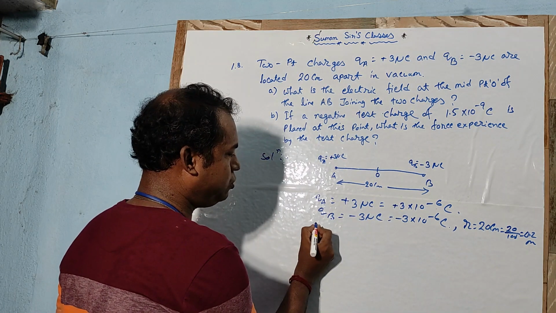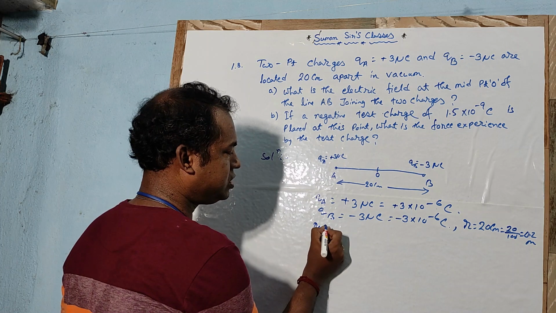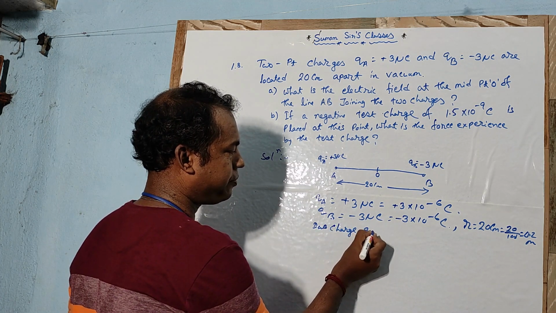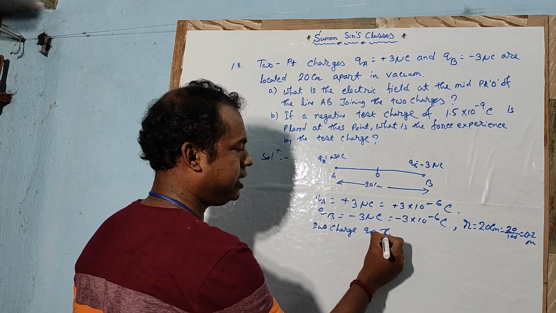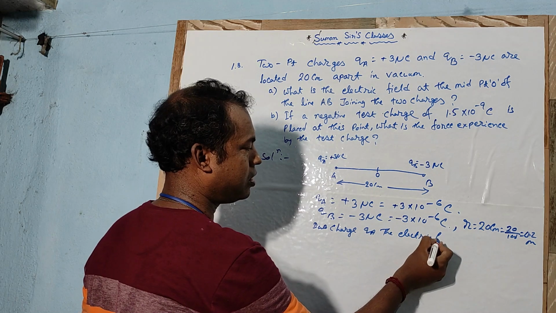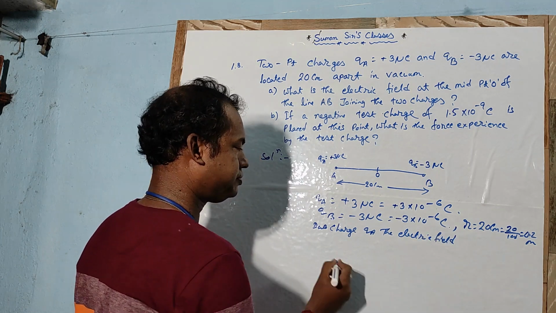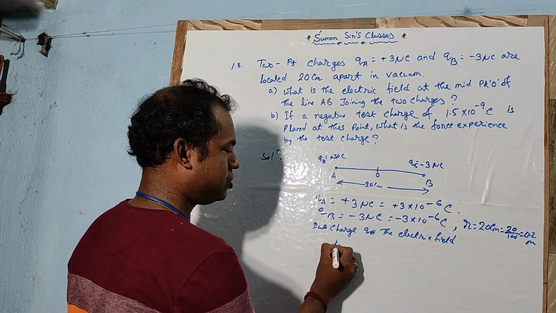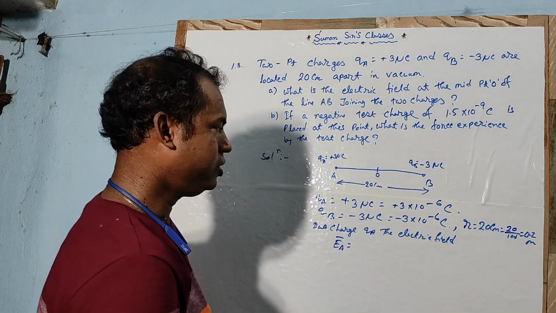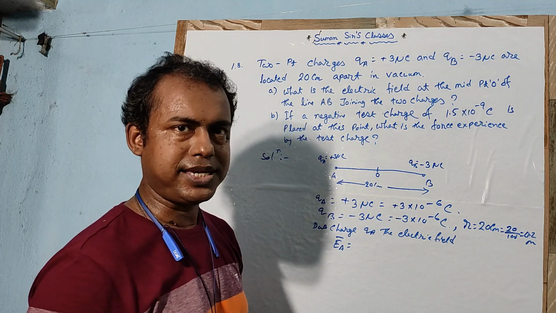Due to charge QA, the electric field EA equals, what is the value? We want to find out in the SI system.